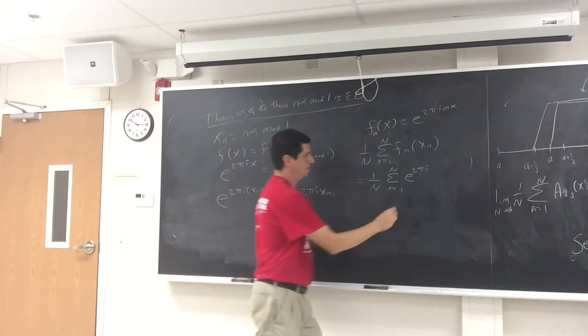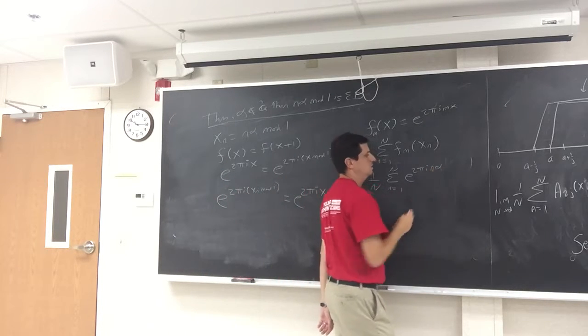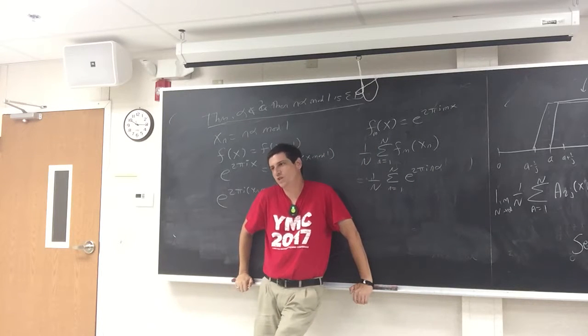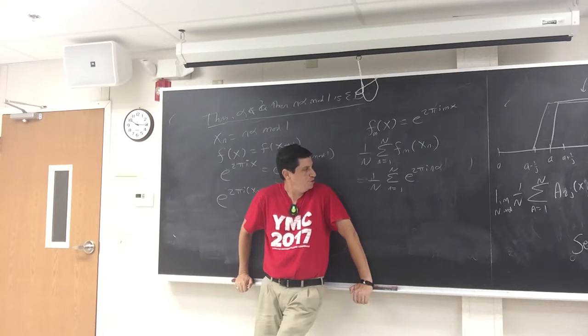It's just n alpha. And it doesn't really matter if we define it with the mod 1 or without the mod 1, because this function doesn't care if we shift by an integer. How can you view e to the 2 pi i n alpha?